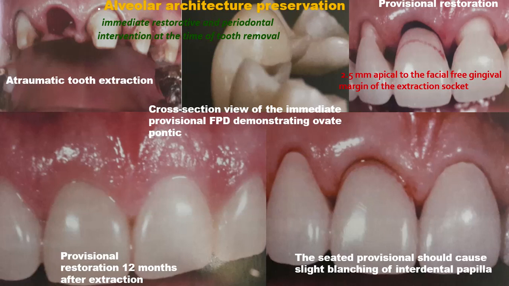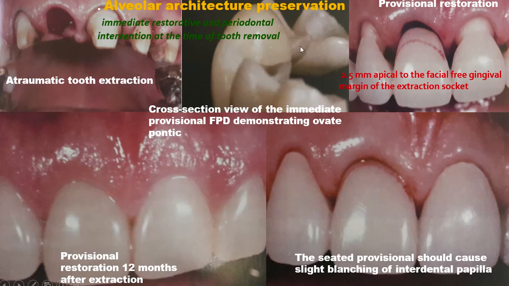Here, before we extract the tooth, we made a temporary bridge, and the pontic is 2 millimeters overextended, apical to the facial free gingival margin of the extraction socket.